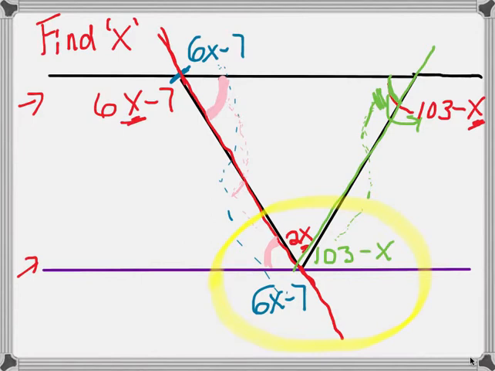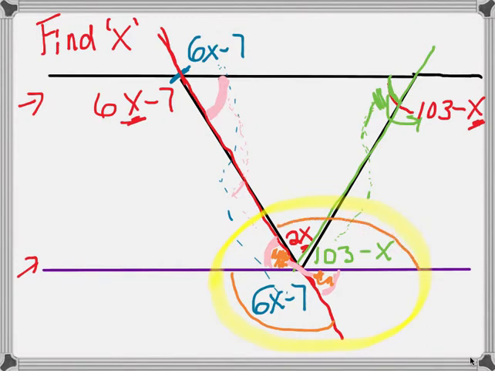If we think vertical angles now, this angle is vertical with that angle. So what does that mean? That was the question I had. If these two angles are the same, what's going on with 6x minus 7 and all this?